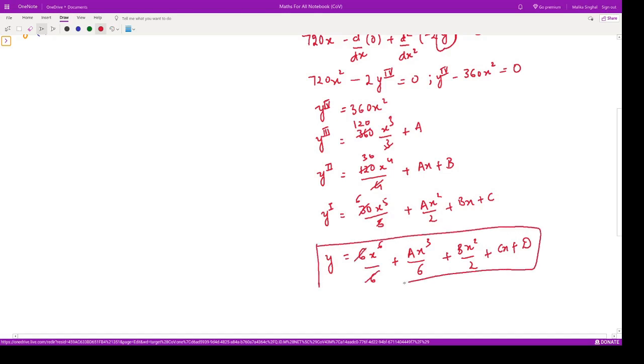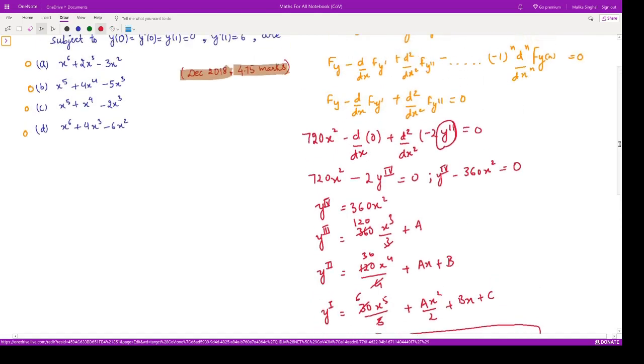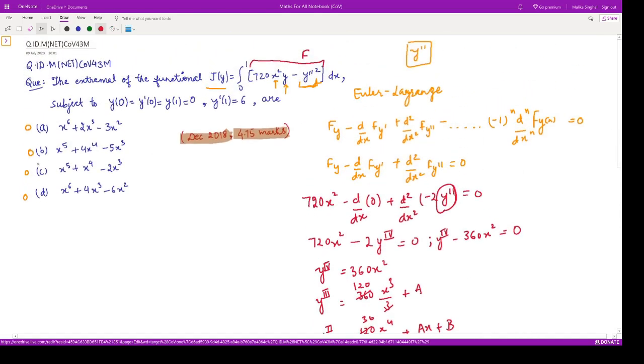On looking at this y, we can see that x⁶ is appearing in it. So let us see our options. Accordingly, this cannot be the solution, and this cannot be the solution, because the maximum power of x here is 5 and in this case it is also 5. So these cannot be the solution.